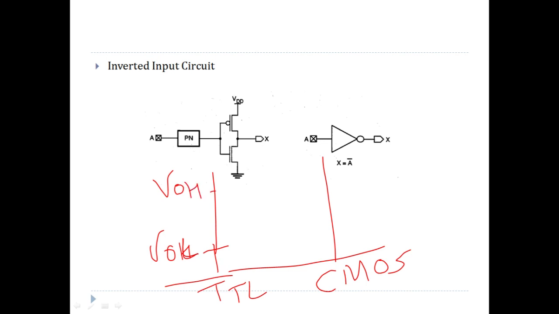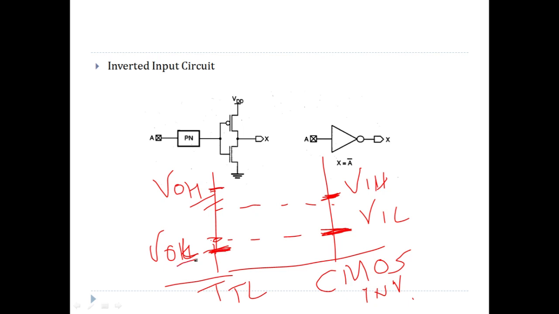Then we have to just make sure that VIH of this CMOS inverter, basically we are talking about the input circuit, so basically we are talking about the CMOS inverter, should be, if this is the value, it should be less than VOH of the TTL, and if VOL has this value here, then you have to make sure that the CMOS should have VIL greater than VOL of this circuit.